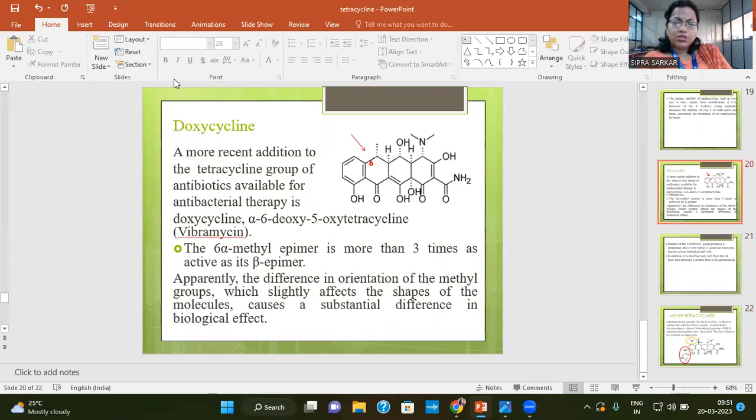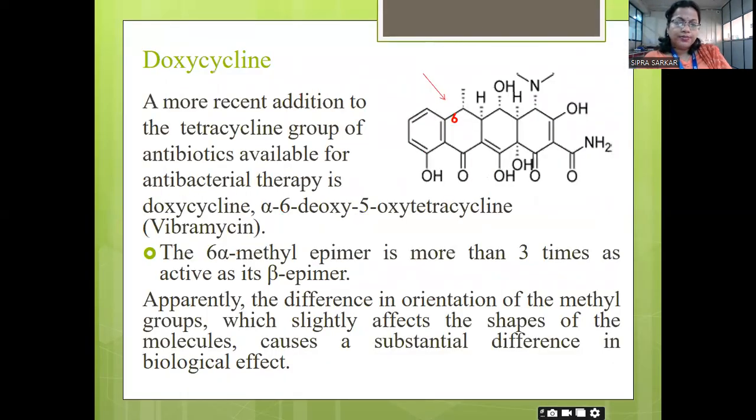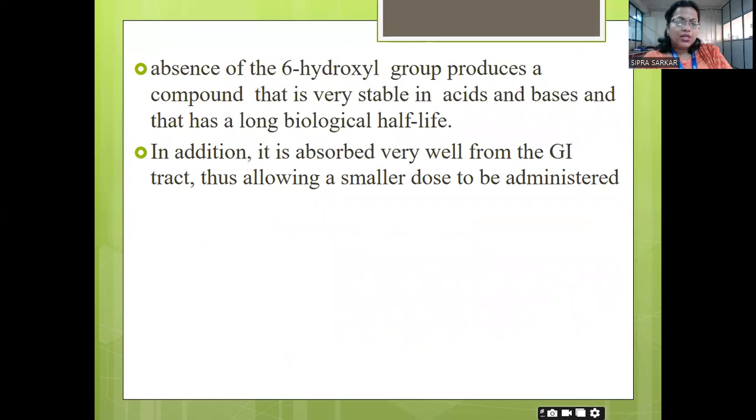And lastly, one slide is remaining, that is the newer tetracyclines after doxycycline. In addition, it is absorbed very well from the GI tract, thus allowing a smaller dose to be administered. That means for doxycycline, if the 6-hydroxy group is removed, then it is very stable and very well absorbed from the GI tract.